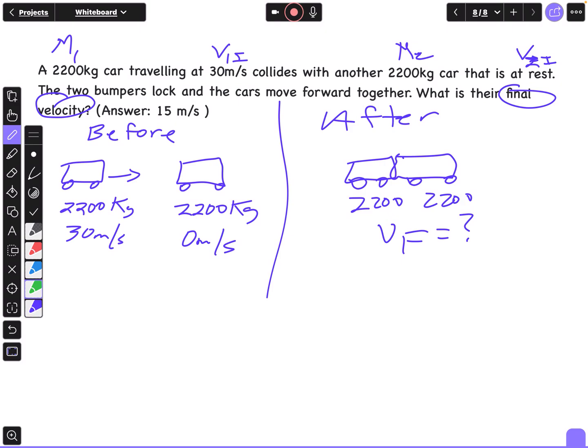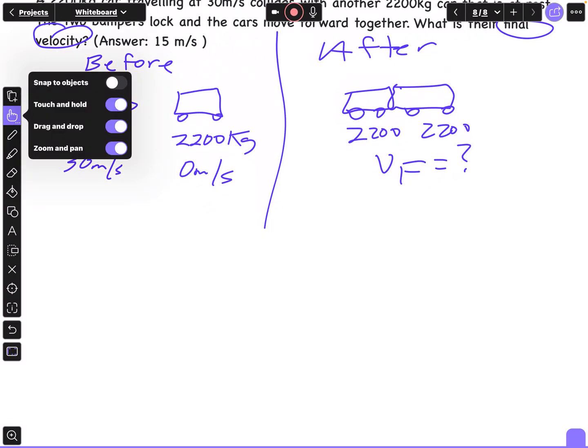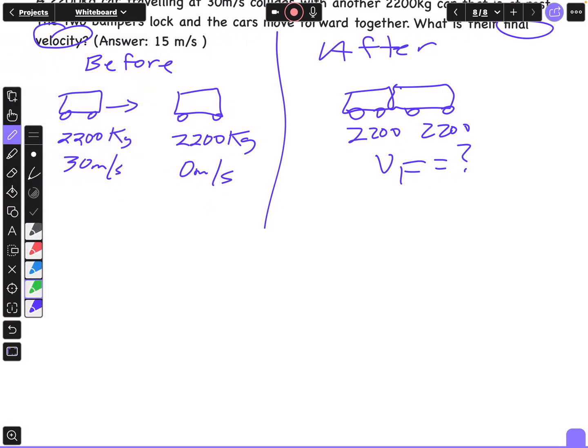Now this equation is a little bit different than the others, the right side of the equation anyway. So the equation is M1 V1I plus M2 V2I equals M1 plus M2 times VF.